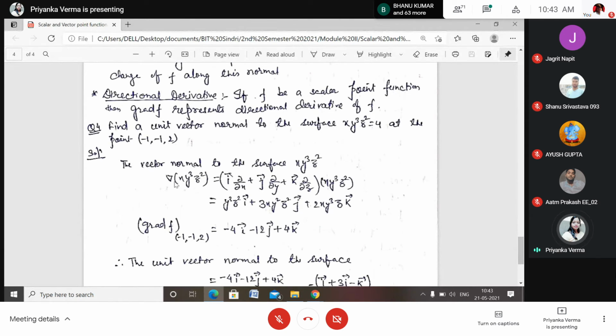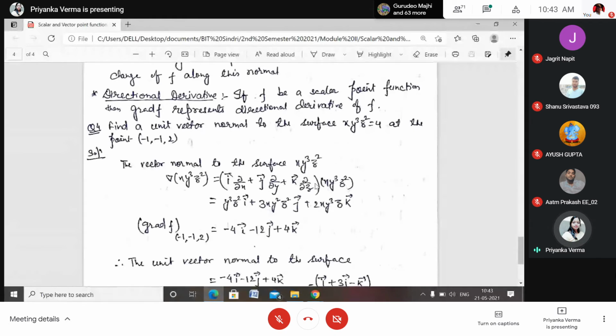So what you will do is evaluate gradient of f. Grad of x y cube plus z square, that means del of this. Del is a vector operator, i del by del x plus j del by del y plus k del by del z, then applied on x y cube plus z square.